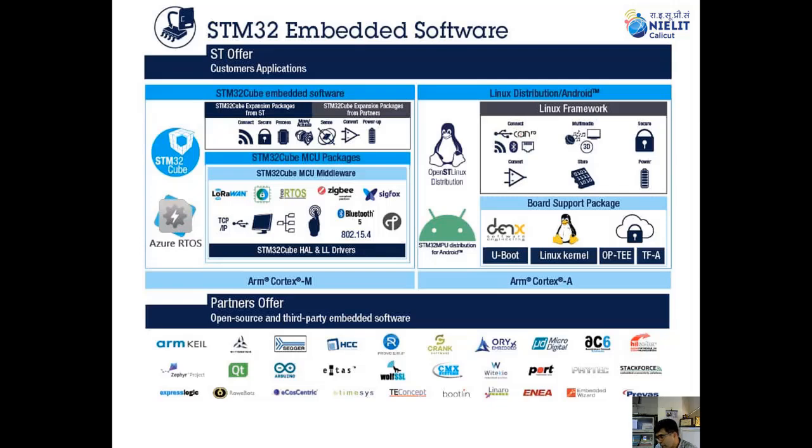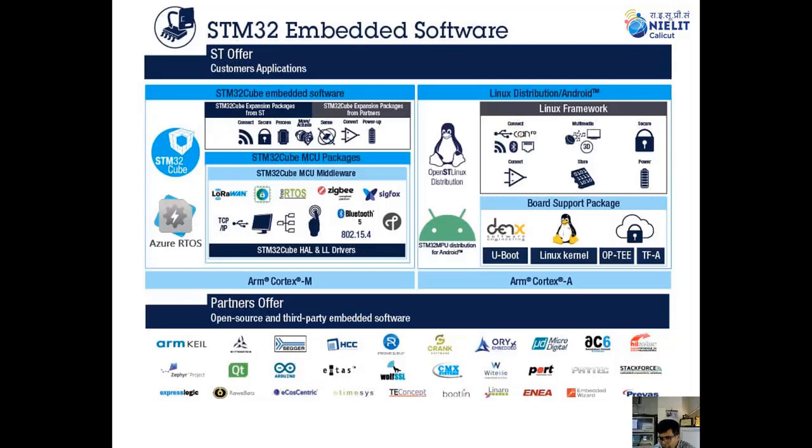Suppose the next day you go with some other vendor, you can use the same Keil IDE and develop applications. But especially when you are going for an STM32 or ST Microelectronics development board, you will get optimized packages from STM Cube IDE. So you can use the Cube IDE and start developing applications.